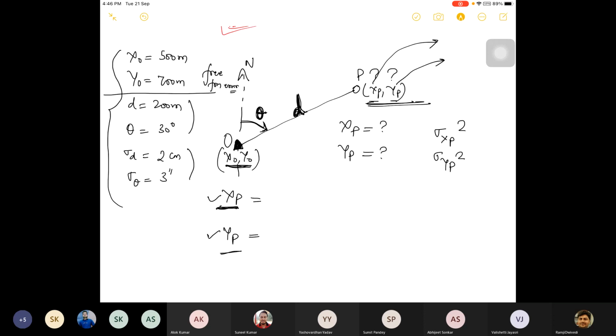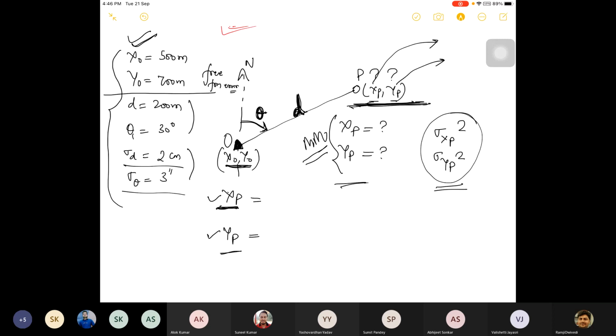This is the distance d. These are the observation values which I have written along with their variances. Then you have to find out the coordinate for XP and YP. So first you need to write the mathematical model for it. And then you have to tell us about the final variances in those final values.